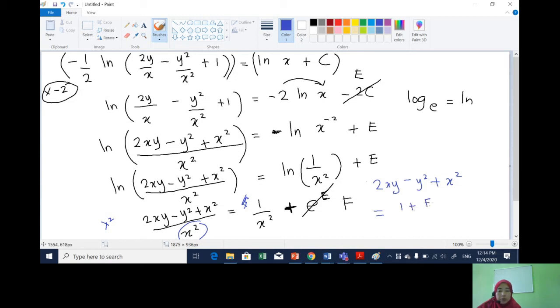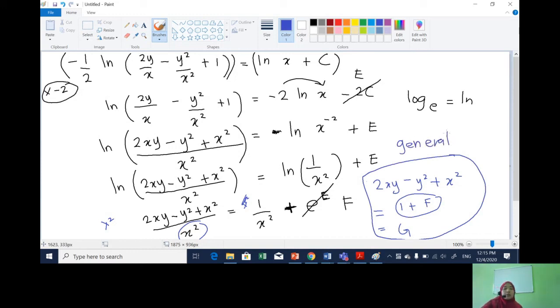We have f, some constant, right just now. So this can change to another variable, let's say call it g. Plus a constant will be a constant. So this is our final answer. This one we call the general solution.